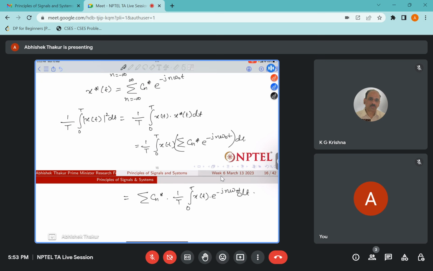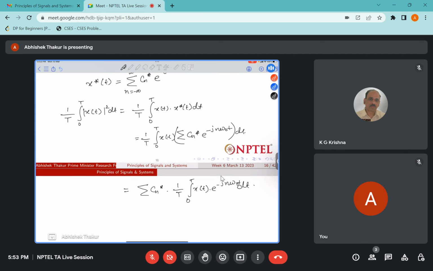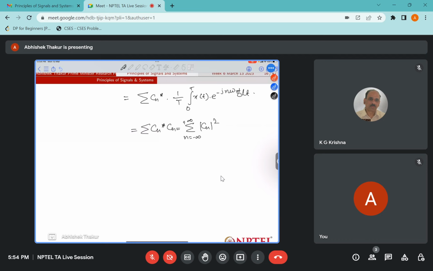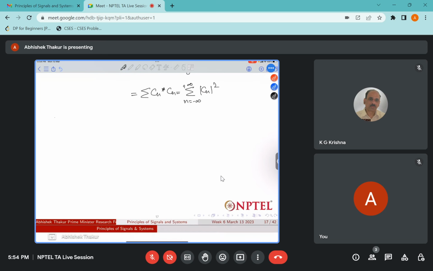After that, this will become summation of Cn conjugate into Cn, that is mod Cn squared, from n is equal to minus infinity to plus infinity. So this is also known as Parseval's power theorem.